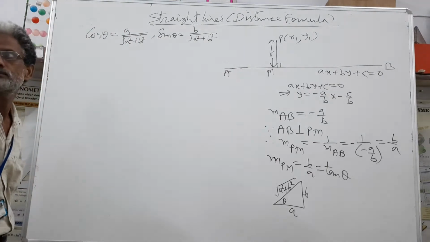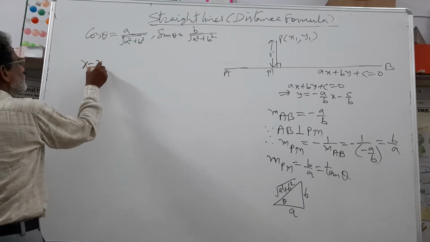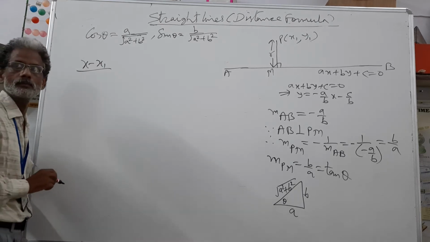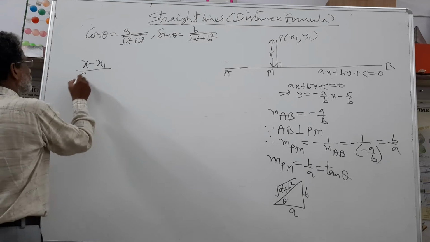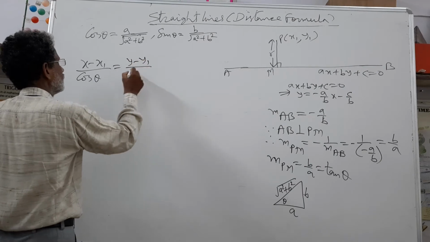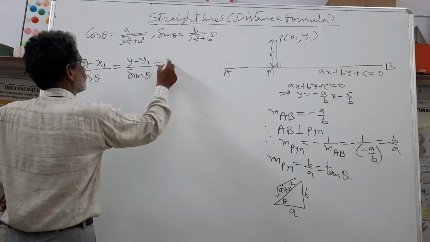So what will be the equation of PM in parametric form? x minus x1 upon cos theta is equal to y minus y1 upon sin theta, is equal to r.